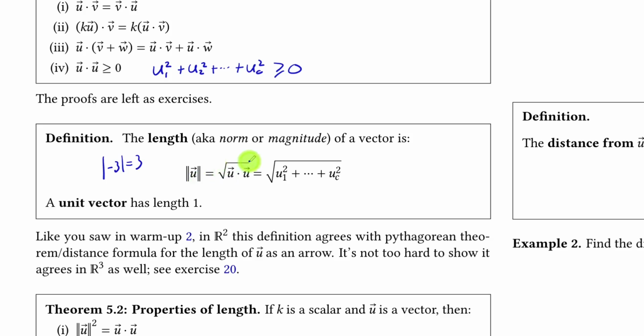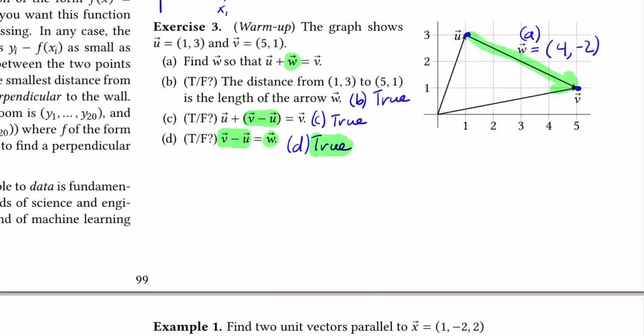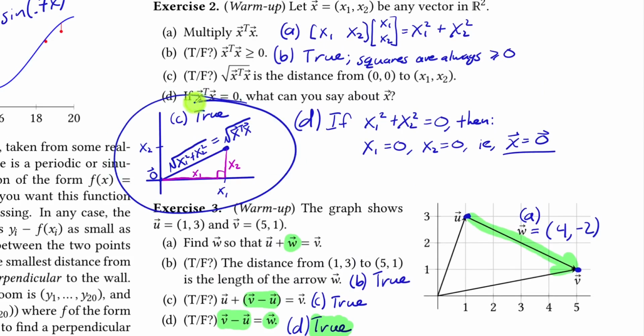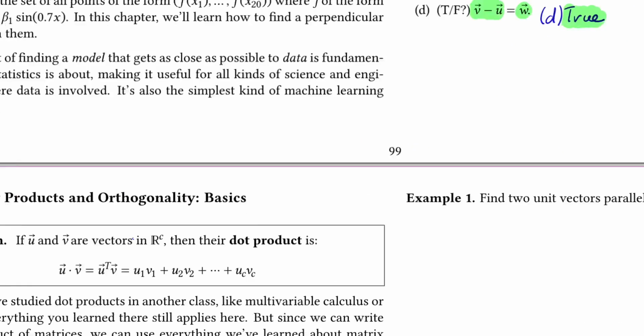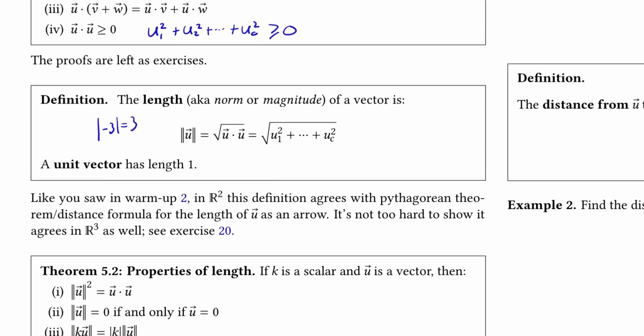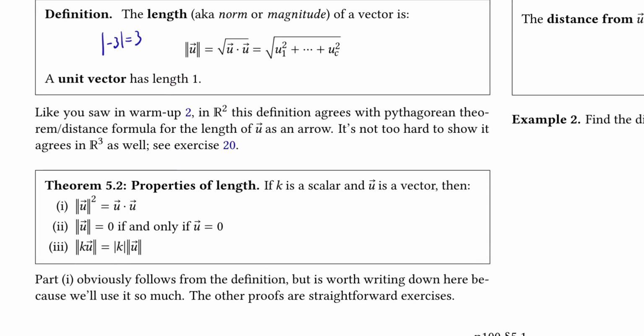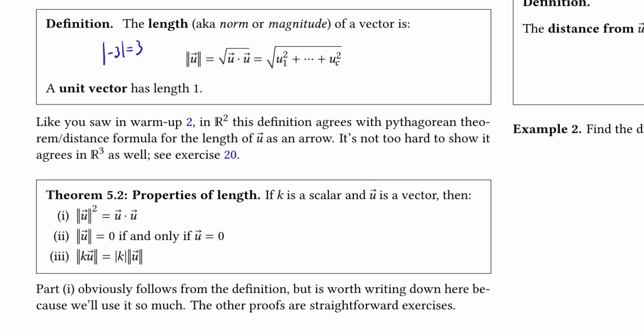Anyways, it is the square root of u dot u, because u dot u is u1 squared plus yada yada yada plus un squared. And so this is basically just the Pythagorean theorem, or the distance formula, like we saw in warm-up number 2, part C. And we say a unit vector has length 1. All right, let's look at some properties of length.